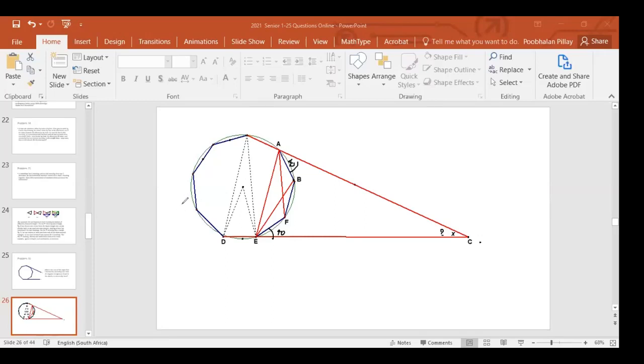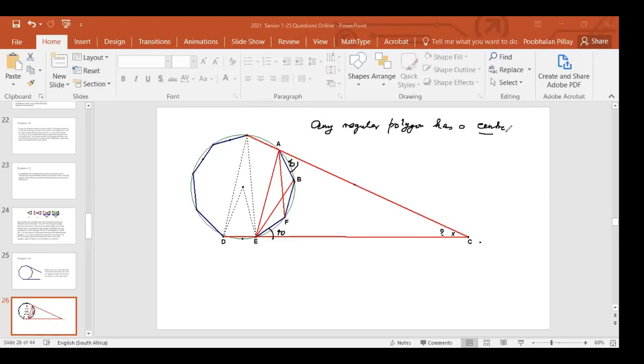So one very important thing about any regular figure, right? I don't know whether I've said this thing, but any regular polygon has a center. It doesn't work for random polygons.